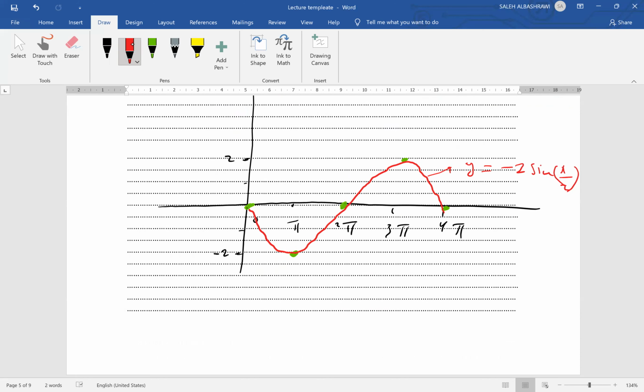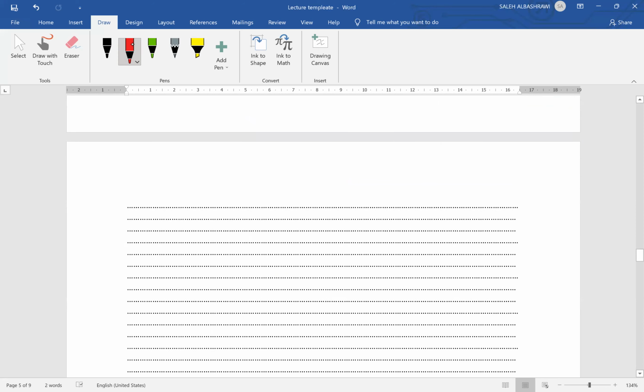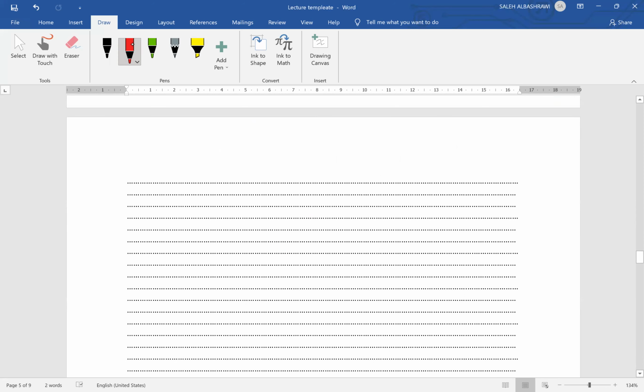Let's have another example. Example number 2. Graph the function y equals 3 sine pi over 4 x.